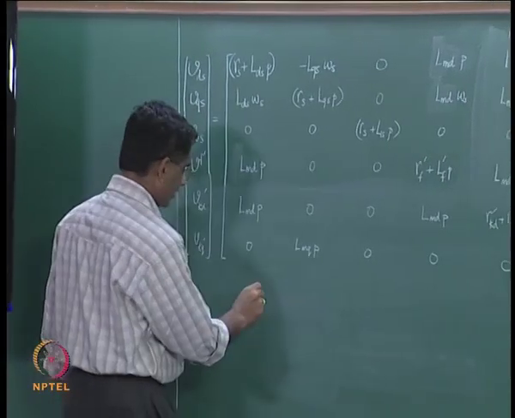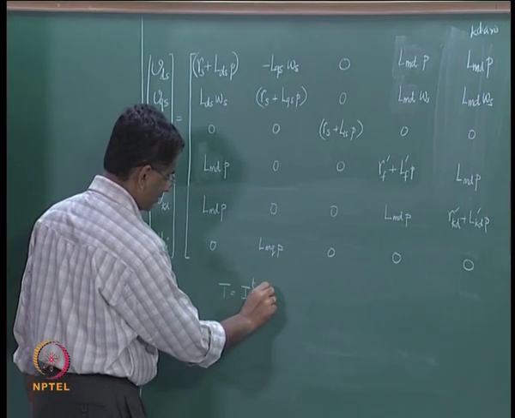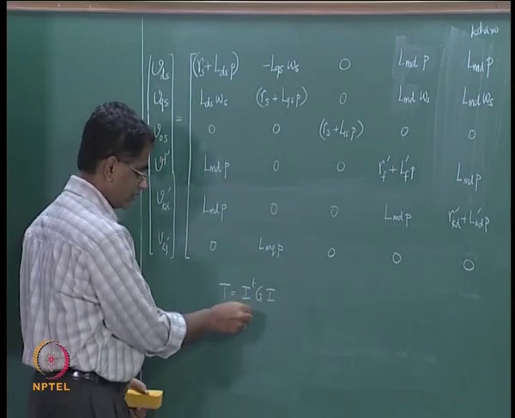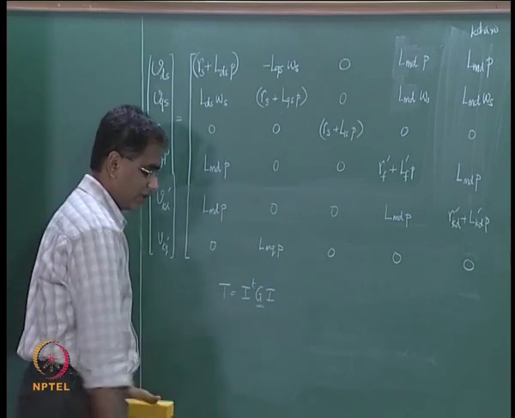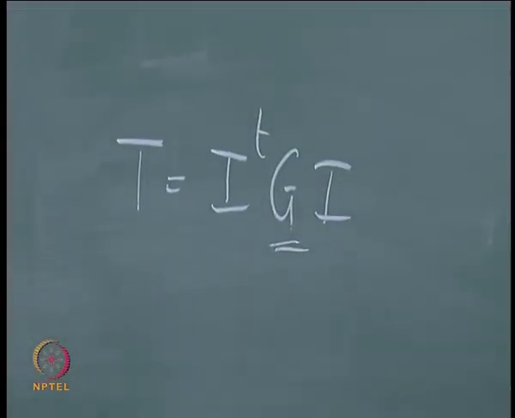And as usual, one can write the expression for torque by using the relation I transpose Gi. You have to separate out the speed EMF terms into the G matrix and then multiply it as I transpose Gi, one gets the torque.